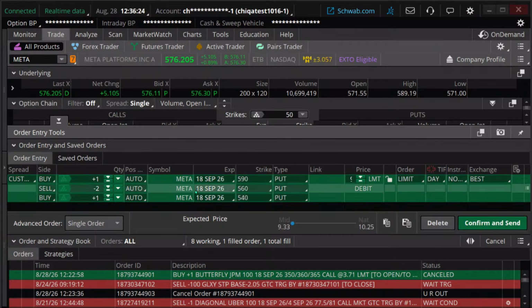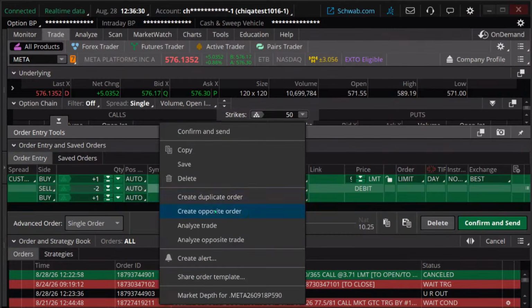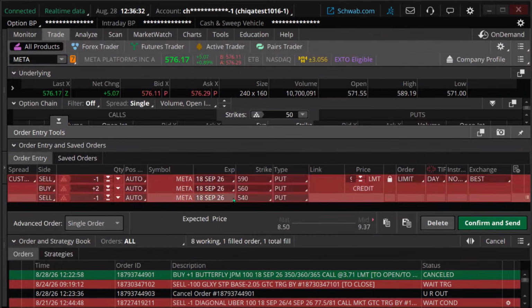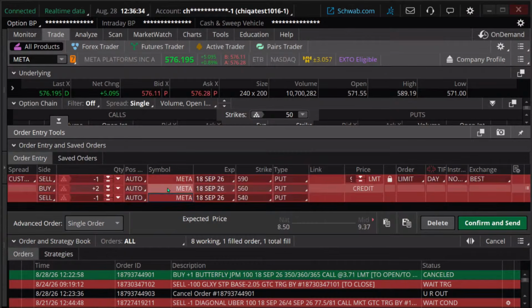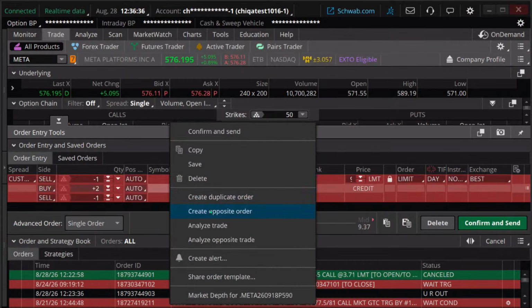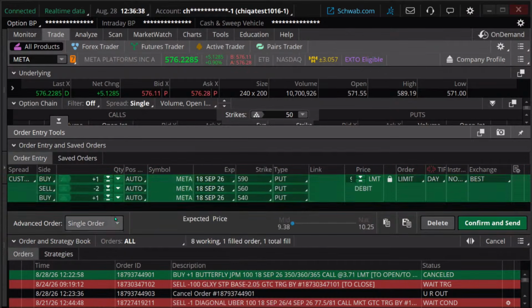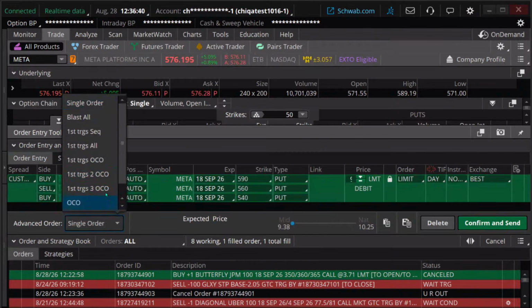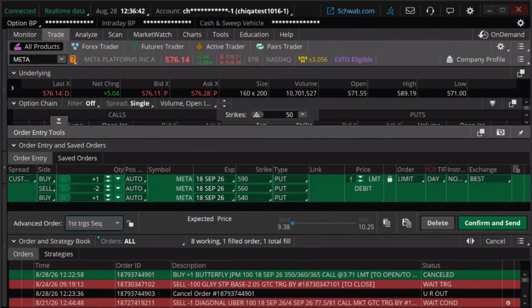And then for our exit, we said above 590. So I'm going to right click, create an opposite. Hold on one sec. We're going to first change this advanced order to first trigger sequential. Okay.